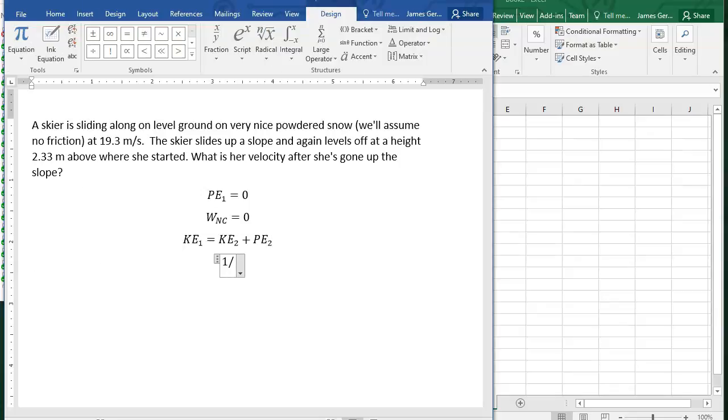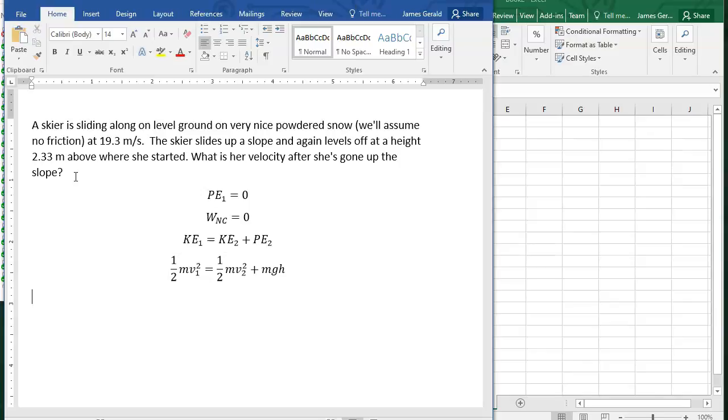Let's put in values for this: 1/2 m v1 squared equals 1/2 m v2 squared plus mgh. You may notice we don't know her mass. In a lot of these problems you don't need to know mass; we're just going to divide mass out, and it doesn't matter at all.